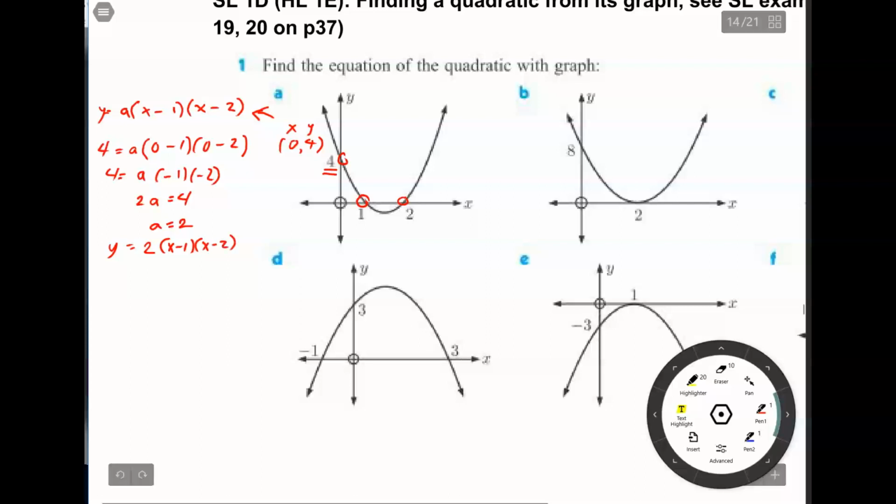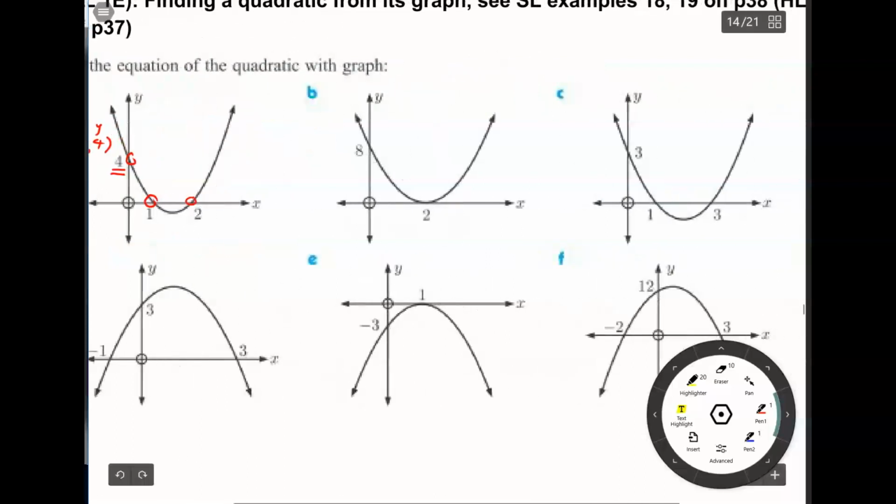What about B? So B looks like they give us the vertex and they also give us the y-intercept. Okay, so if we use the fact that the vertex is 2, 0, then I could put it into vertex form, which would be a times x minus h squared plus k, right?